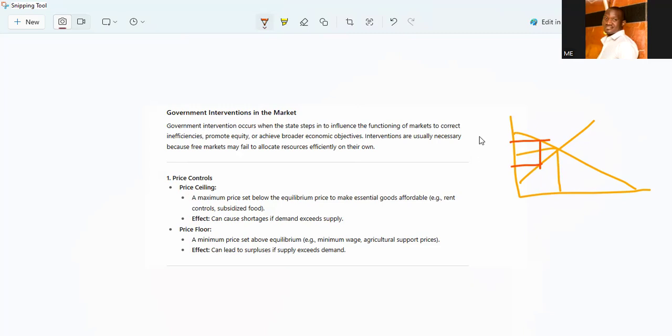So this is what? Floor price. This is a price ceiling, the equilibrium. Government interventions usually can be effective. Then we have what we call the deadweight loss. Deadweight loss here. So it is important that government will come in.